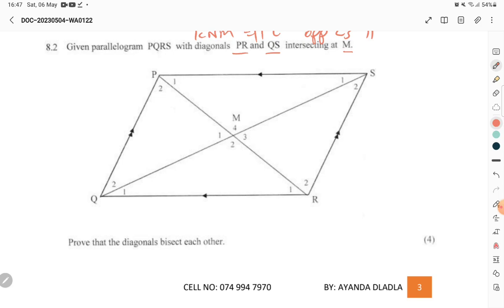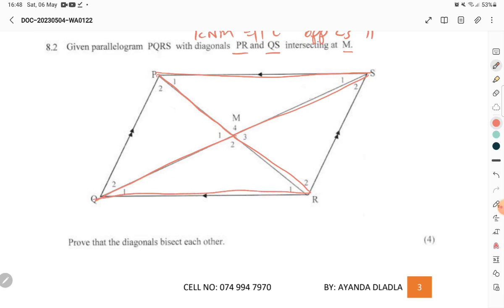The idea is to find two triangles that you can prove to be congruent to each other. It is optional which ones you take.